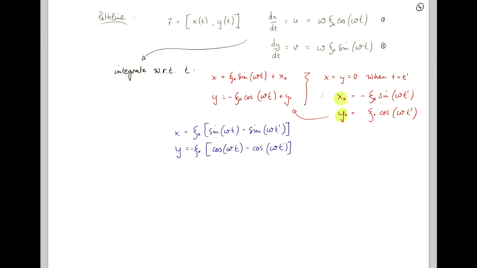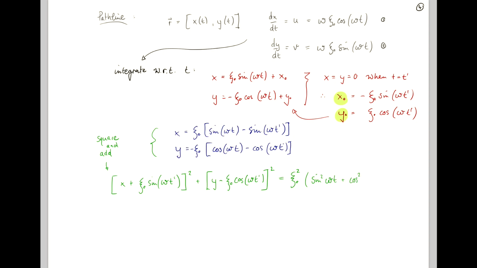Now, in order to find the path line that we want to draw, we square and add these two equations, and we're left with x plus psi 0 sine omega t dash, all squared, plus y minus psi 0 cos omega t dash, all squared, is psi 0 squared times sine squared omega t plus cos squared omega t.